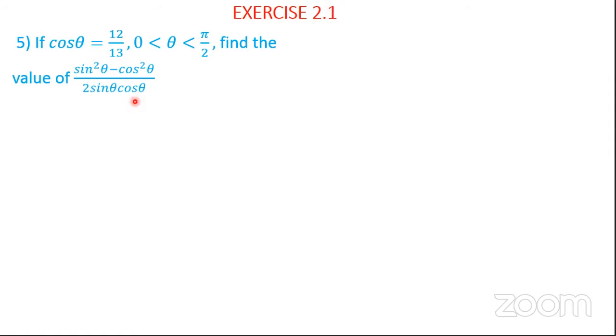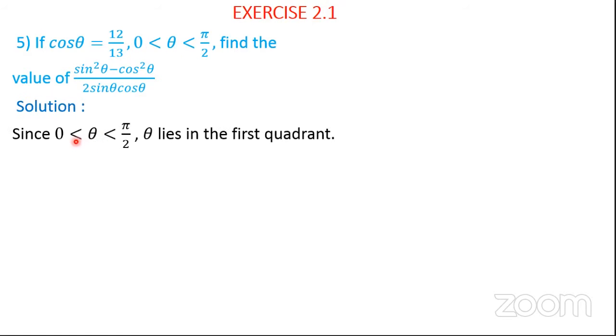So here we will use our information of signs of trigonometric functions in different quadrants. Here theta lies in 0 to 90 degree. That means theta lies in the first quadrant, and in the first quadrant both cos and sine are positive.